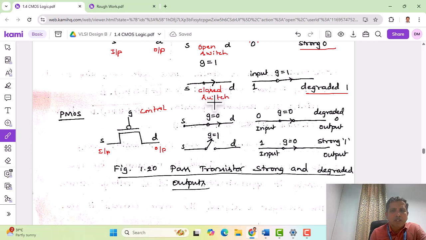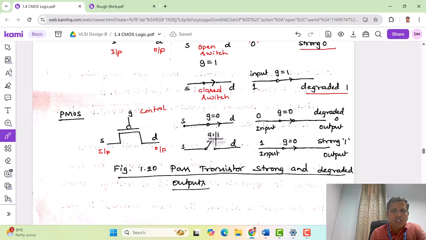Unlike in NMOS, where G must be 1 to make it a closed switch, in the case of PMOS, G should be 0 for the PMOS transistor to work like a closed switch. Now, whatever signal, the data we apply at the source, is transmitted to the output. Whether it is strong 0 or weak 0, or strong 1 or weak 1, we'll decide in the next example.